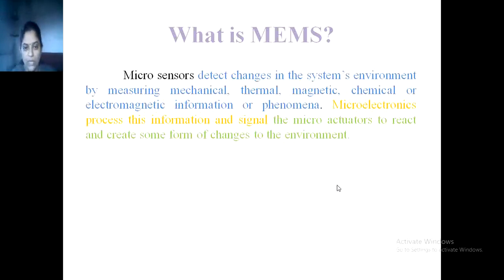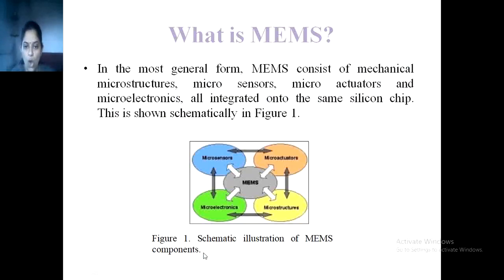Microelectronics process this information and signal the microactuators to react and create some form of change to the environment. Just like in this figure, all work together hand in hand.